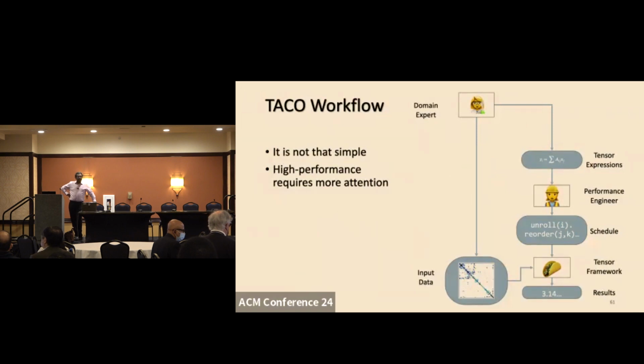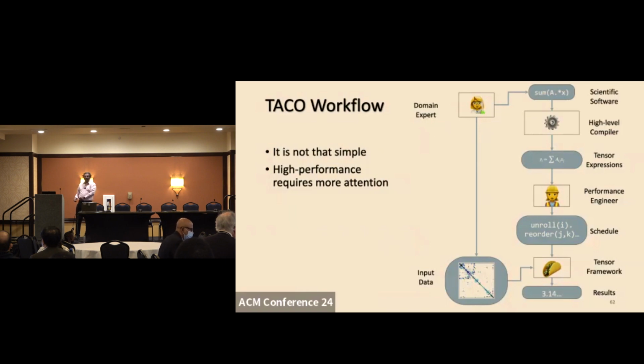The problem is we want to hide Taco buried inside more complicated software, something like NumPy or SciPy, where the software is very high level. For a performance engineer it's a really hard thing to do, because they don't know what happens in the pipeline, and having a human very deep in the pipeline is really hard in this kind of software.